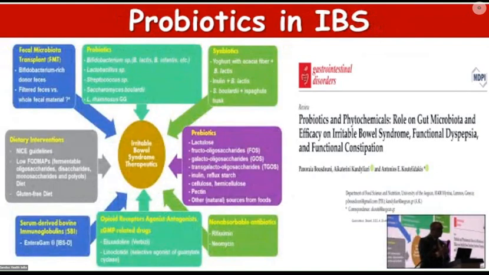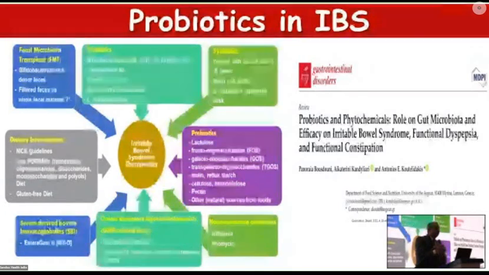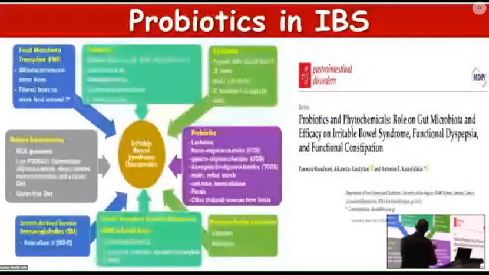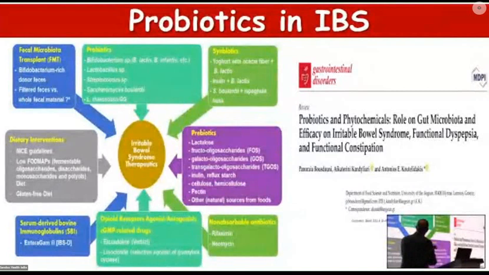They also mentioned that in patients having IBS, irritable bowel syndrome, we have a lot of options for treatment. I focus on what is important for gut microbiota. They mentioned that fecal microbiota transplant from Bifidobacterium-rich donor feces can be used. Probiotics: Bifidobacterium species, Bifidobacterium lactis and infantis, Lactobacillus, Streptococcus, Saccharomyces, and Lactobacillus rhamnosus.